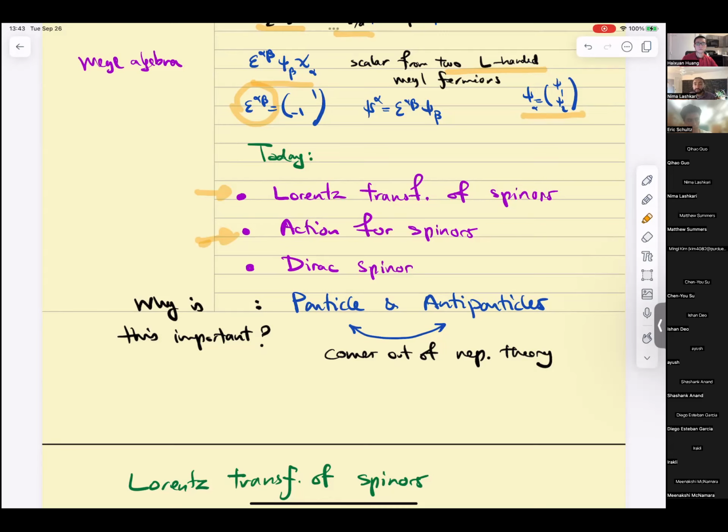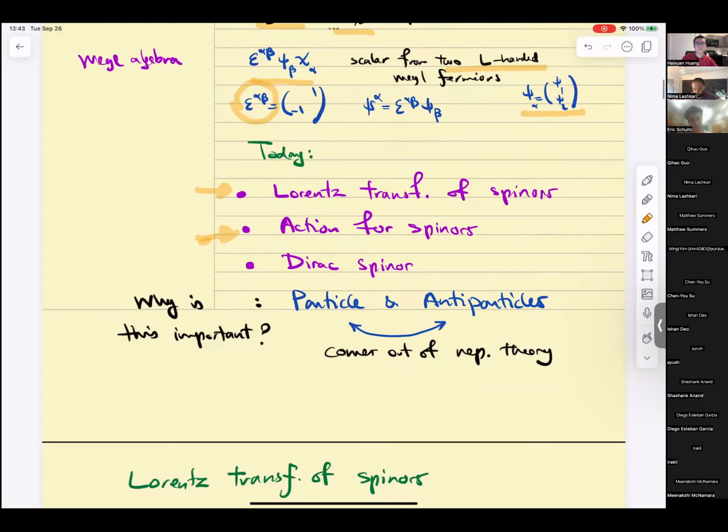I'm walking you guys through this math because this is how we understand particles versus antiparticles, right? So antiparticles in relativistic physics are sort of imposed on you, and they have to be there. They just have to be there, and this is where they come from. If you just want to accept antiparticles as what they are, then you're missing out on this internal structure. There's a reason for them.